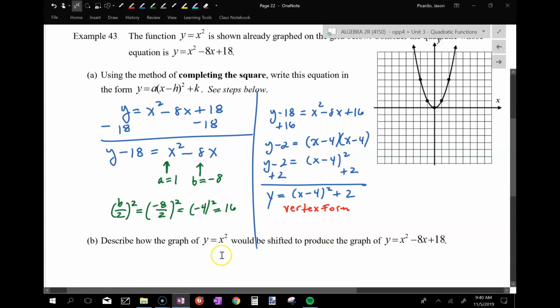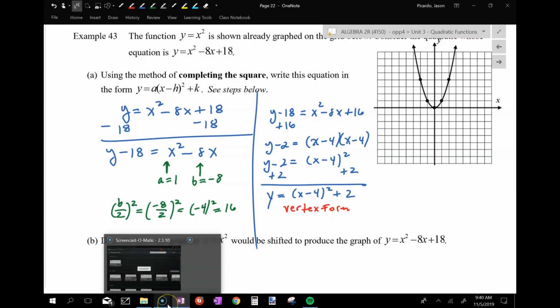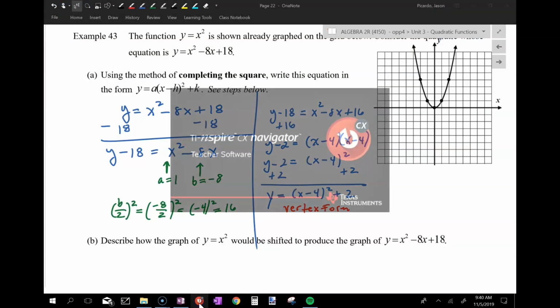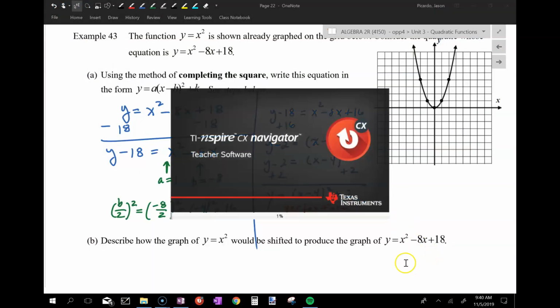Now, let's go to my graph and let's see how this correlates to what the vertex actually is, okay? So I'm going to graph this. Again, I said that all of this can be done on the graph, right? So do we really need to know vertex form if I can get the vertex from the graph? Probably not, but nonetheless, we're going to need to be able to do it. All right, so in my calculator, guys, x squared minus 8x plus 18.